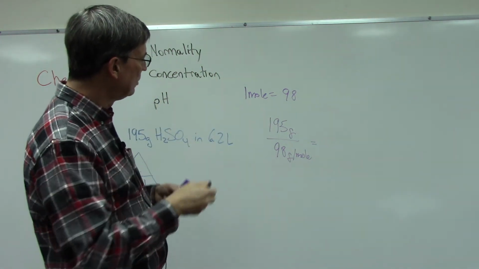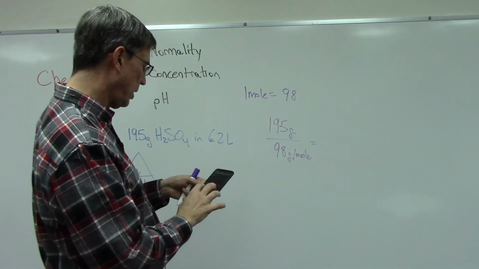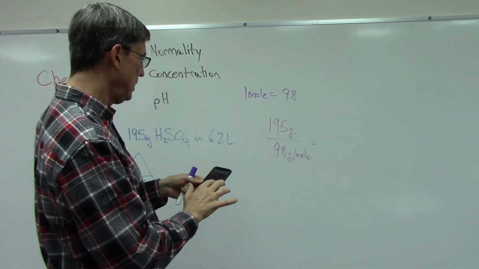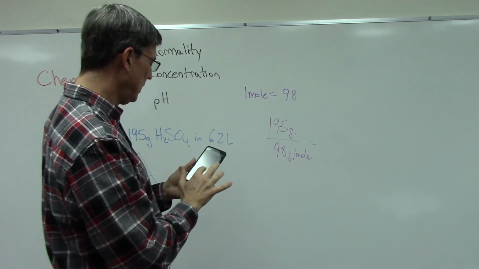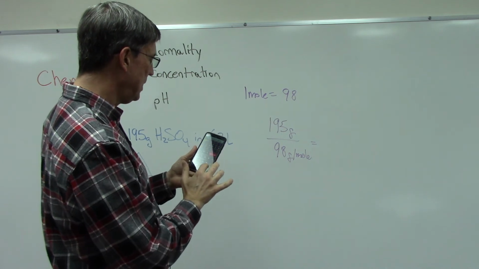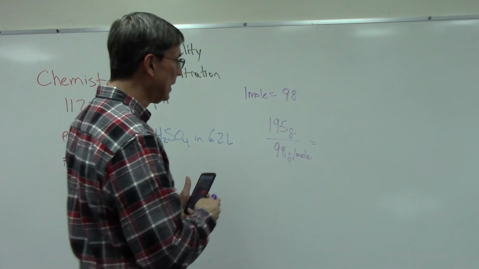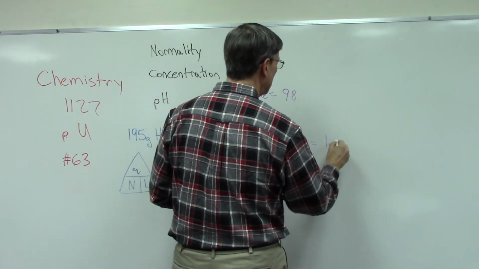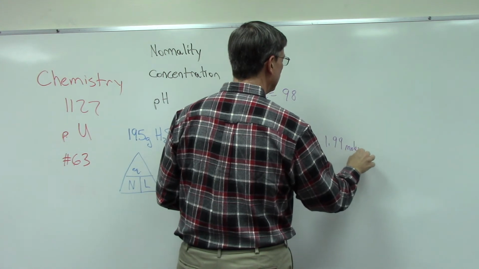Roughly it looks like it's going to be almost 2. But let's get out our handy dandy calculators, 195 divided by 98, 1.99, yeah, that's pretty close to 2. 1.99 moles, all right.